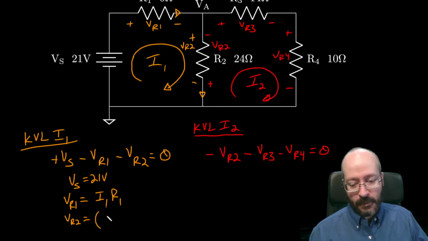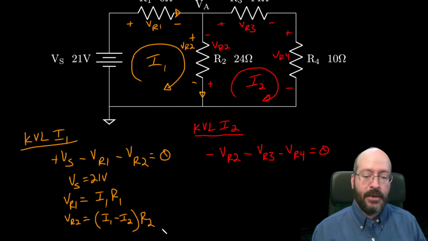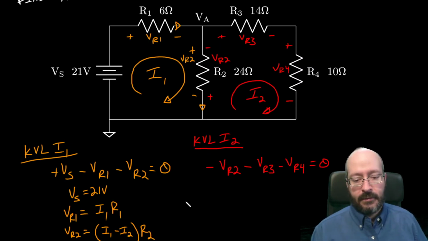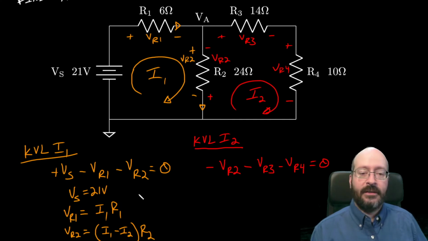Yep, and it goes in the same direction. Does I2 touch that current? Yep, and it goes in the opposite direction. Then I multiply by R2. So we have all of those voltages expressed in terms of our unknowns.